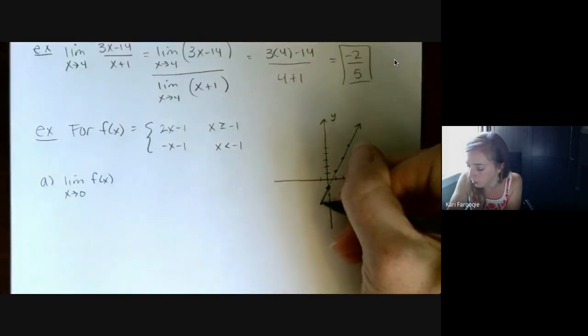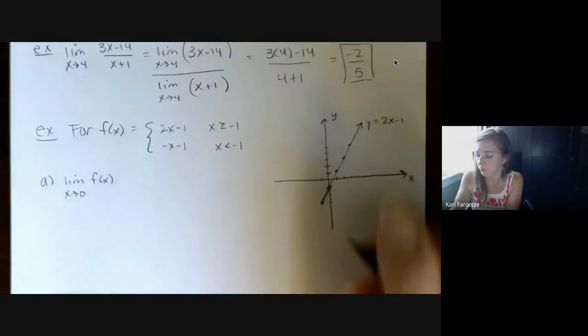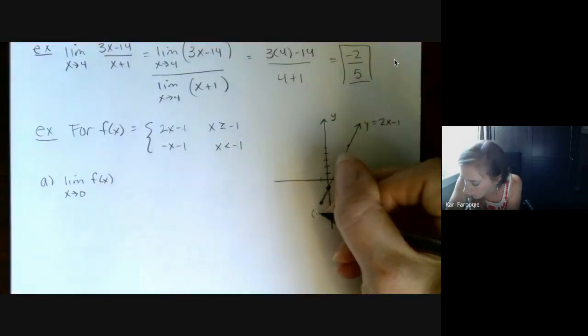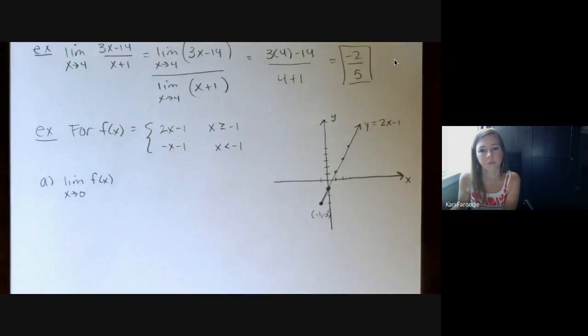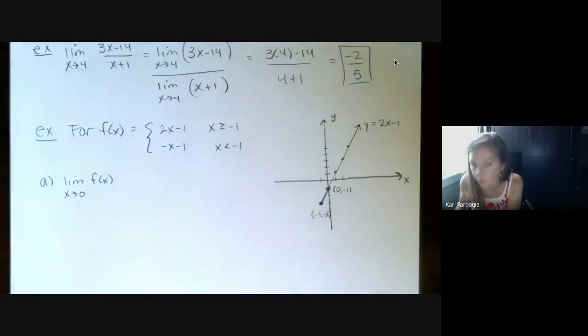Sorry, now it looks like it's not connected. Here we go. So this point is at -1, -3. Your y-intercept is at 0, -1.